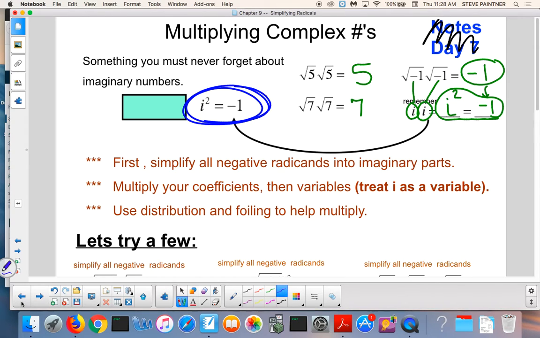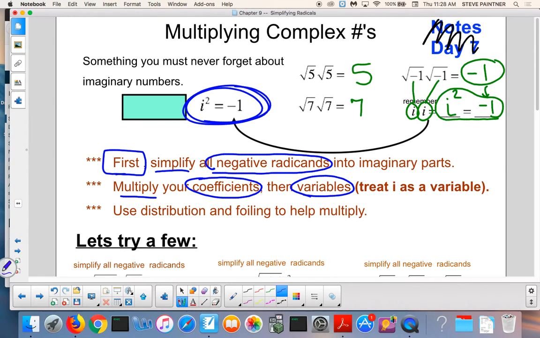Here we go. Today you will multiply. When you multiply, first do this. Just follow me on this. Simplify all your negative radicals. That's exactly what you did yesterday. Step 2, multiply your coefficients first. Then multiply your variables.